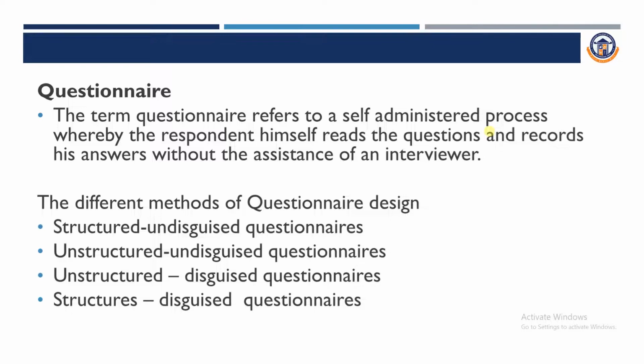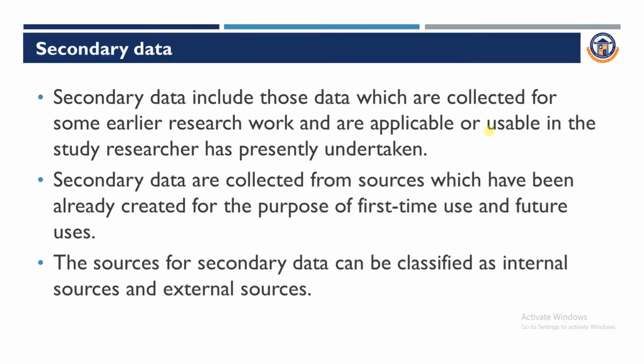So you just go for combinations: structured but indirect questions, structured but direct questions, unstructured indirect questions, and unstructured direct questions. You put it in the way in which you want, based on the purpose of your survey, the aim and objective for which your survey is conducted. Based upon that, you select your questionnaire design method, whether you want it to be direct or indirect.